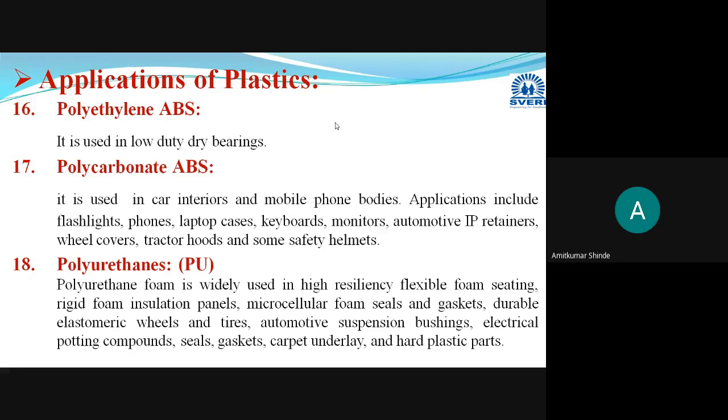After that, we discussed the applications. One more point I forgot: we have also completed the concept of monomer, polymer, and polymerization along with their types like addition polymerization, condensation polymerization, copolymerization, and coordination polymerization.